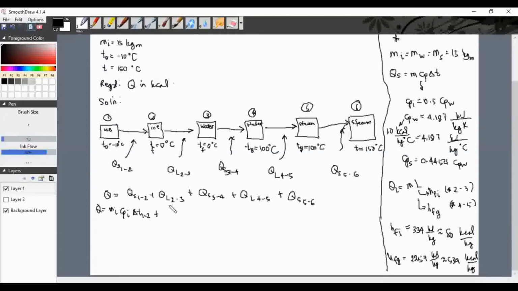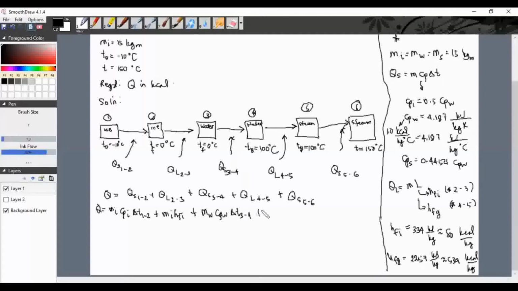Plus, we have latent heat from 2 to 3. Nagpalit naman ng phase. So, we have mass of ice times latent heat of fusion. Plus, sensible naman uli, from 3 to 4, we have mass of water times CP ng water times delta T from 3 to 4.